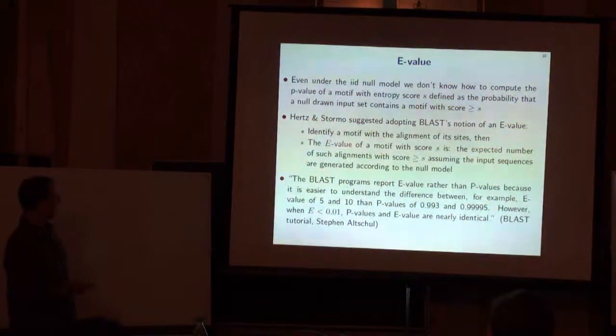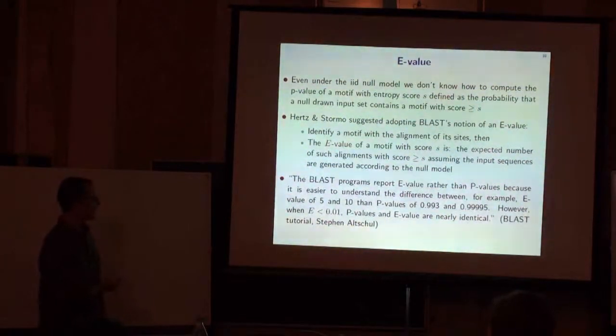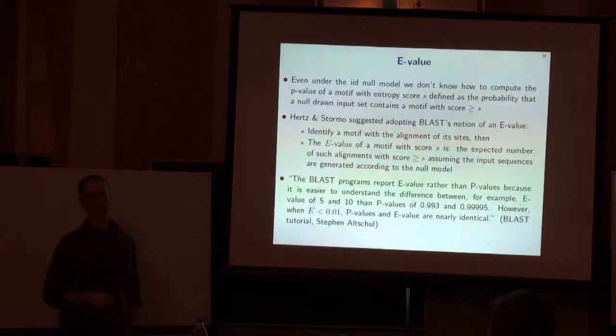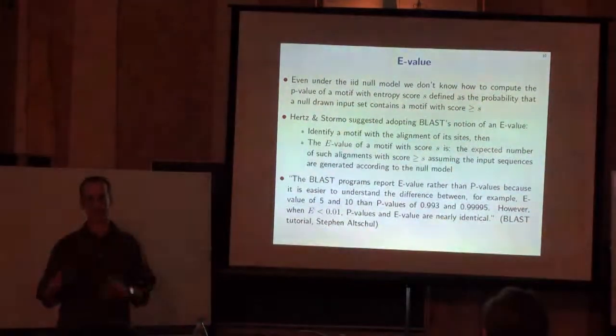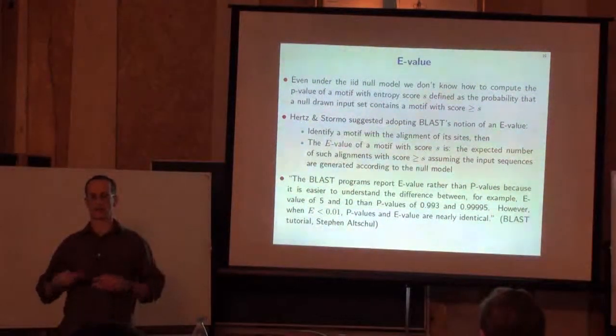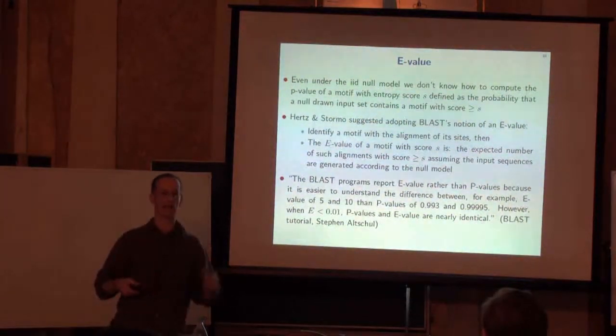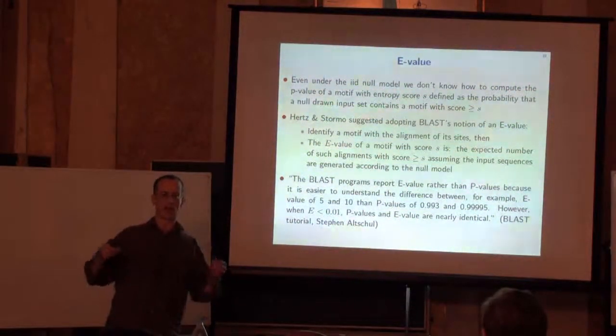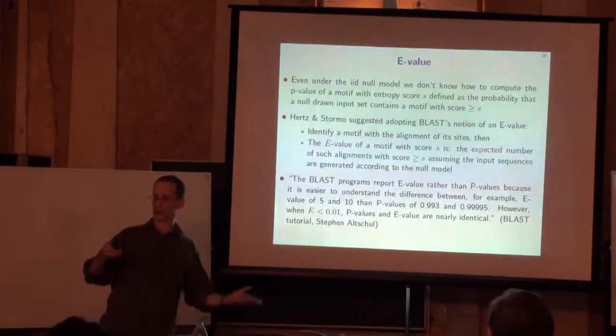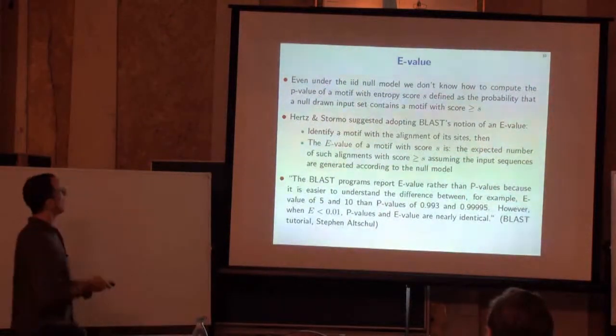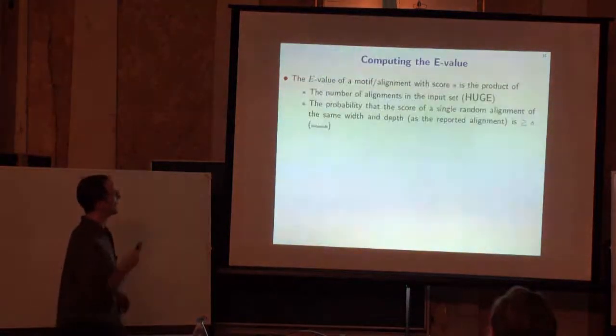And moreover, when the e-value is small, the p-value and e-value are nearly identical. So there doesn't seem to be any loss in talking about e-value rather than p-value in the BLAST context. So that seemed like a very reasonable idea, especially since we don't know how to compute the p-value, and e-values, I'll show you that we can compute.